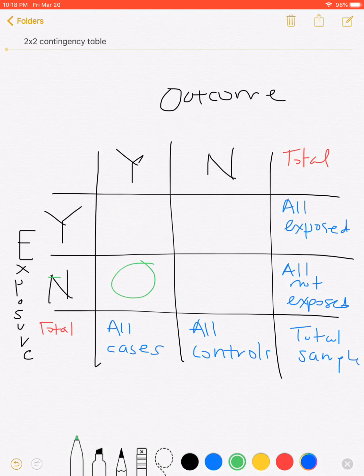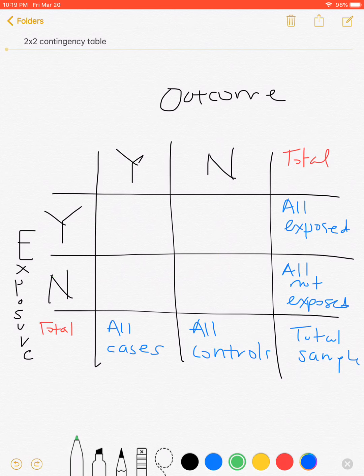In this box here, no, they did not have an exposure, but yes, they had the health outcome. And in this box here, no, they were not exposed, and no, they did not have the health outcome. Okay, so this is very generic, and this is the baseline table for how you put numbers into these boxes.